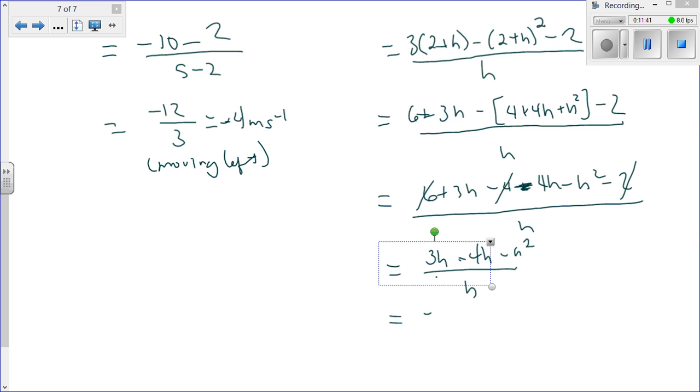So we get negative h minus h squared over h. And I can take an h out of everything, divide by h. So we get negative 1 minus h meters per second, provided h is not equal to 0.